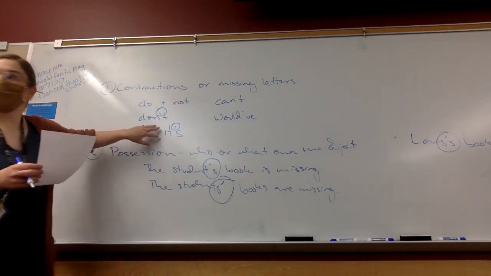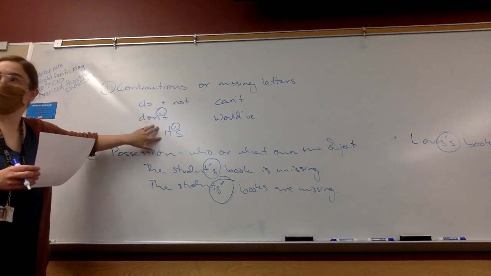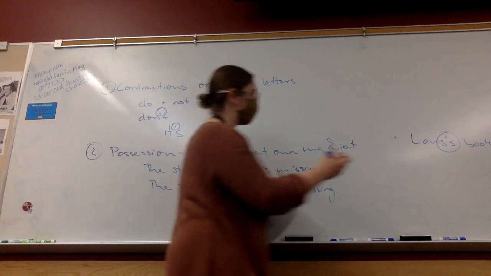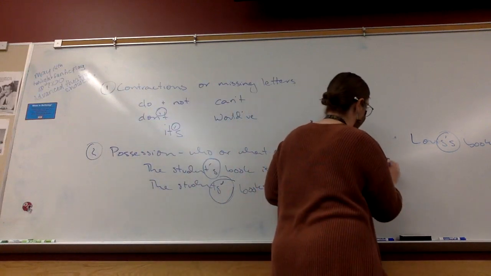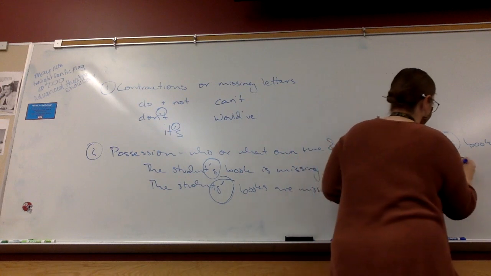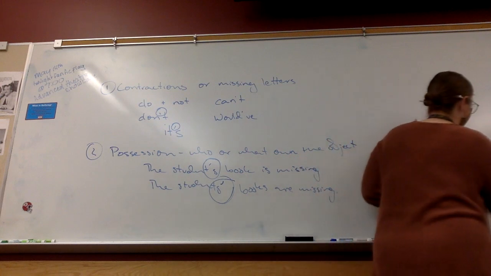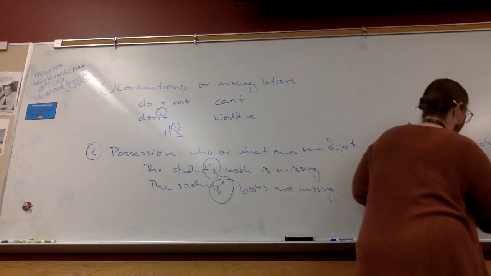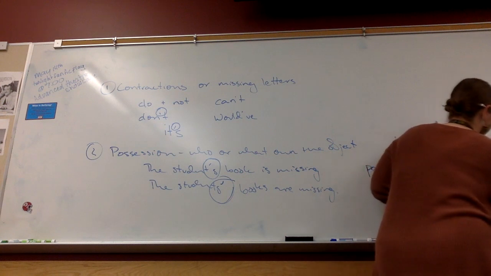And the reason that it's has an apostrophe when it is, but not when it is possessive, is because there are such things as possessive pronouns. That is like yours, ours, hers, his, theirs, and its.